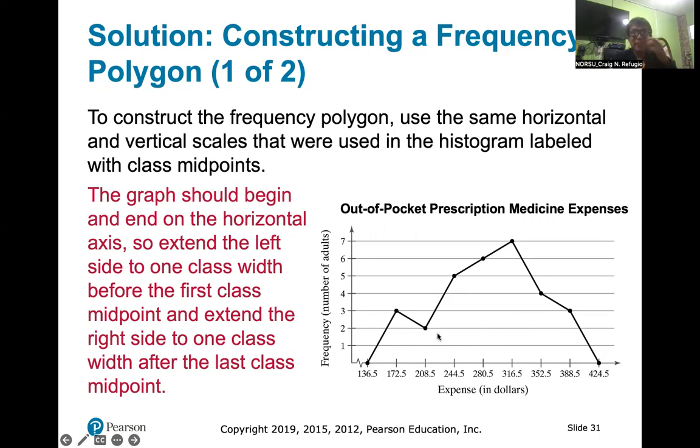That is what we mean by extend the left side to one class width before the first, that is 136.5, and extend the right side to one class width after the last class midpoint. So we have 388.5 increased by, and how to do it? 388.5 plus 36, because our class width is 36.